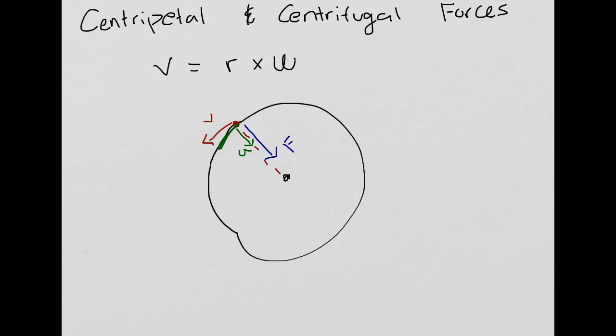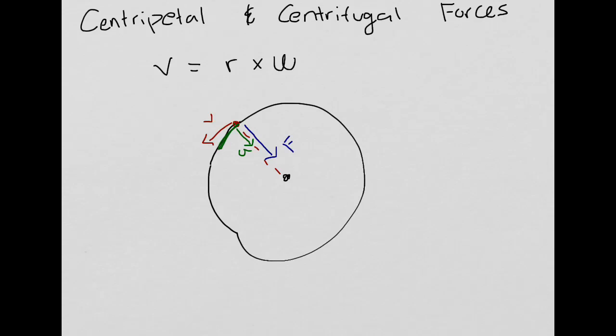So there is something called a centrifugal force, which is technically a fictitious force, but what it means is a center-fleeing force. So a force that makes an object move in a non-circular motion. This is a little bit confusing to grasp sometimes because centrifugal forces aren't legitimate forces, and there is no action-reaction pair.